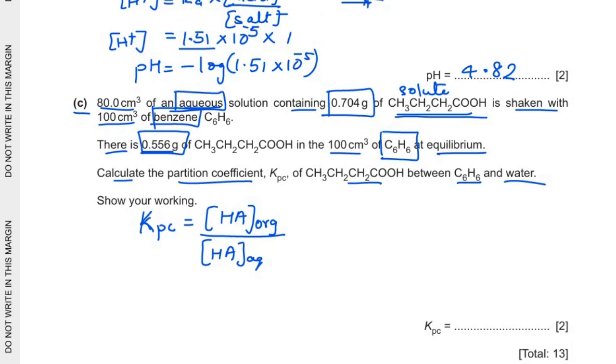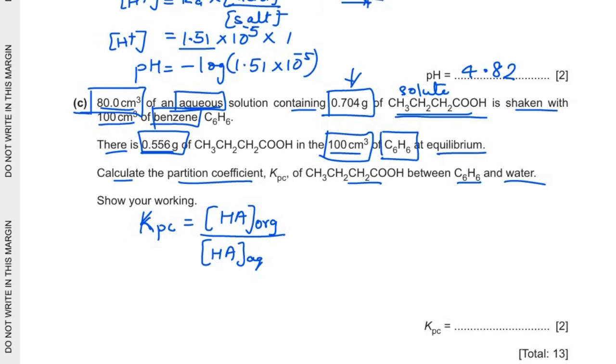Now understand, the volume of benzene is 100 centimeter cube and the volume of water is 80 centimeter cube, and it's written that 0.556 gram of butanoic acid was found in benzene. Now the total mass of butanoic acid was 0.704 at the starting.